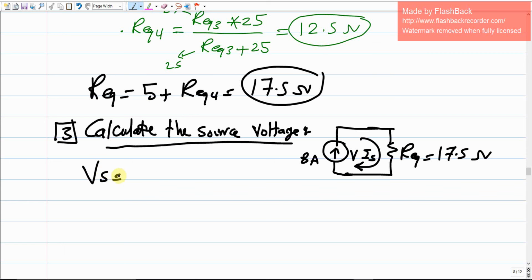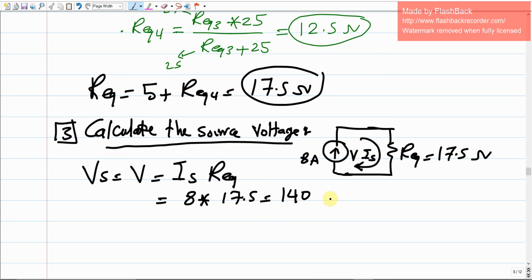So Vs, according to Kirchhoff, which is V here in this problem, should be Is times R equivalent. So V is going to be 8 amperes times 17.5 ohms. This is going to give us 140 volts. And this is one of the requirements.